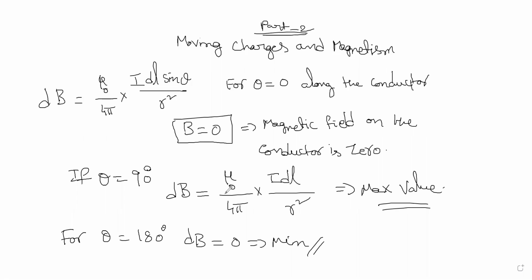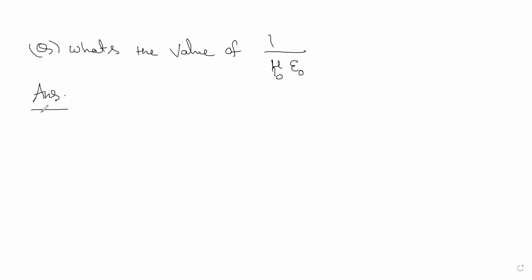Next is one important calculation. Suppose I clear this off. It's like a question: what's the value of 1 by mu naught epsilon naught? Surprisingly, it gives the value of c square, velocity of light whole square.